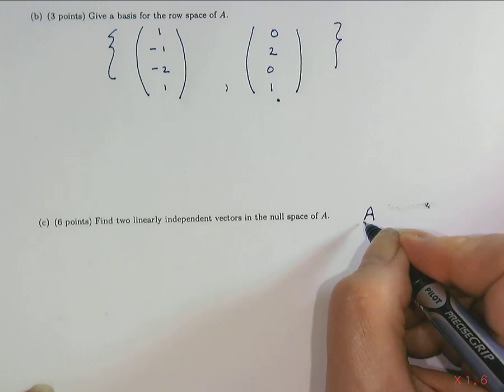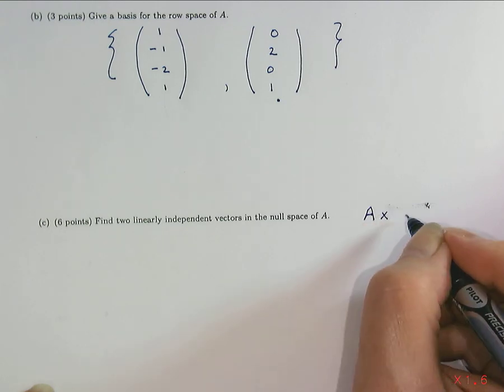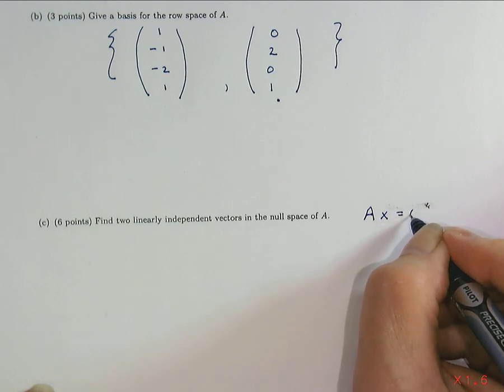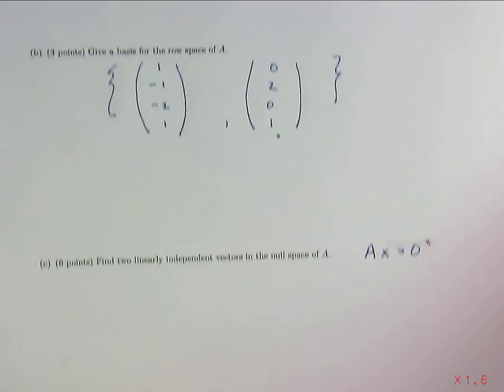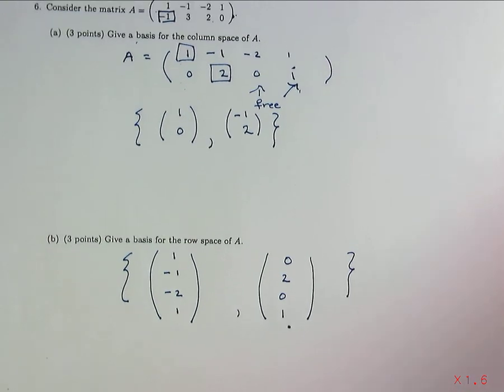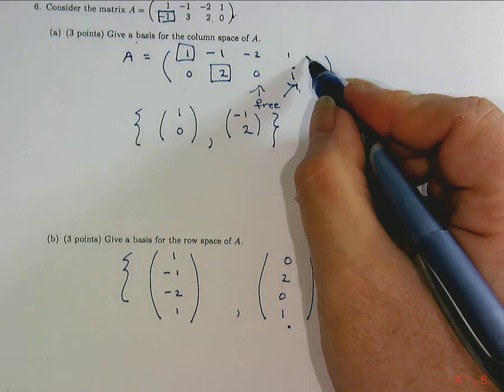So the idea is A times this vector would have to be equal to 0 if it's in the null space of A. And that means, from the row echelon form, that this vector, again, which is of size 4, would have to satisfy that chi sub 0 minus chi sub 1 minus 2 chi sub 2 plus chi sub 3 would have to be equal to 0 from the first row.